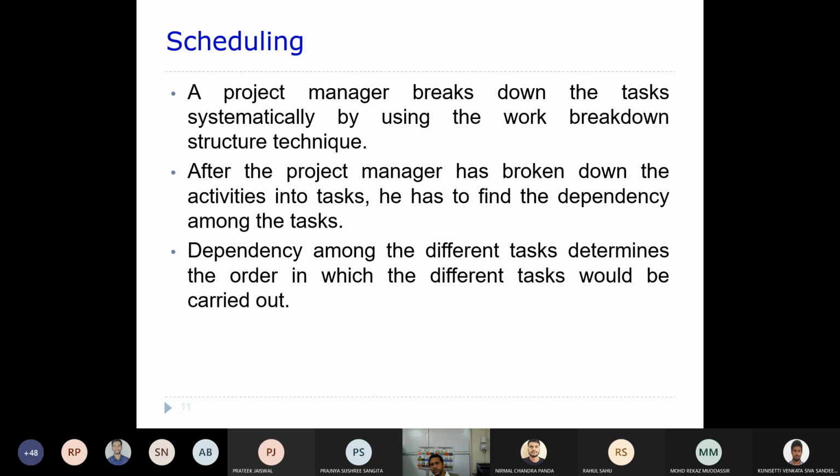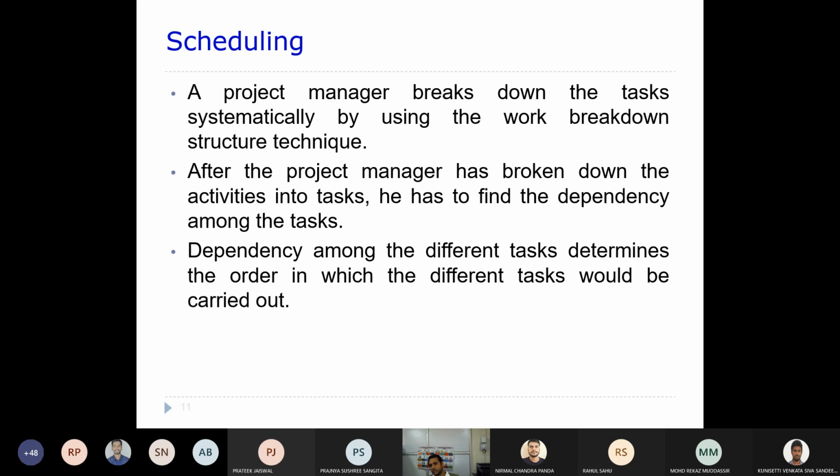A project manager breaks down the tasks systematically by using the work breakdown structure technique. We will talk about the work breakdown structure technique, by which we break down a large activity into a certain number of tasks.